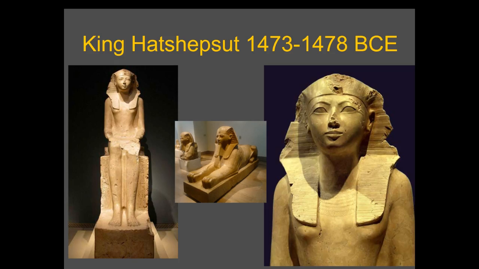Then Hatshepsut came to try to claim the throne, and she claimed that the god Amon had taken the form of her father and visited her mother, and she herself was the result of divine union, declaring that the god Amun-Ra had spoken to her, saying, "Welcome, my sweet daughter, my favorite, the king of Upper and Lower Egypt, Hatshepsut. Thou art king, taking possession of the two lands." So by basically declaring this and having this vision, she was able to declare herself king.